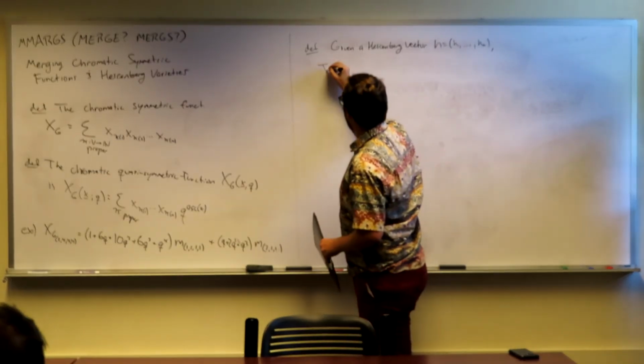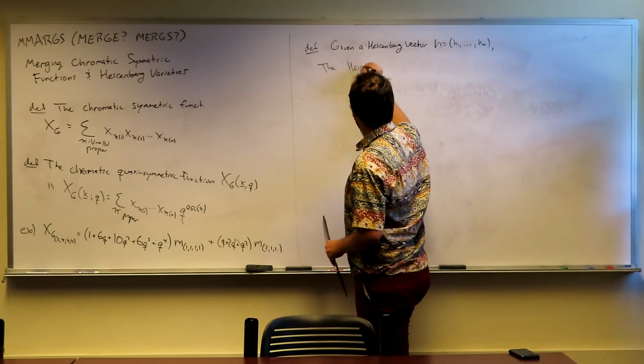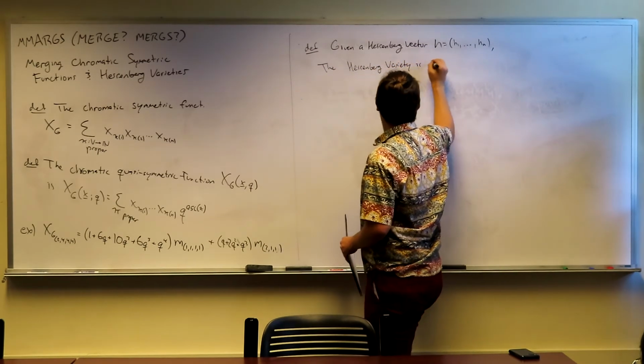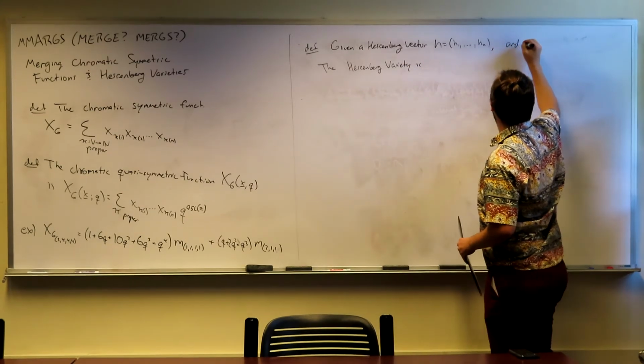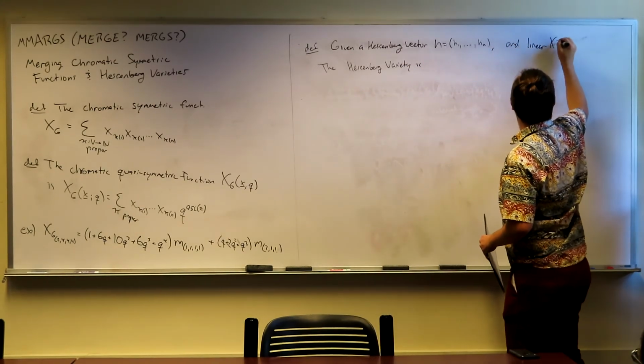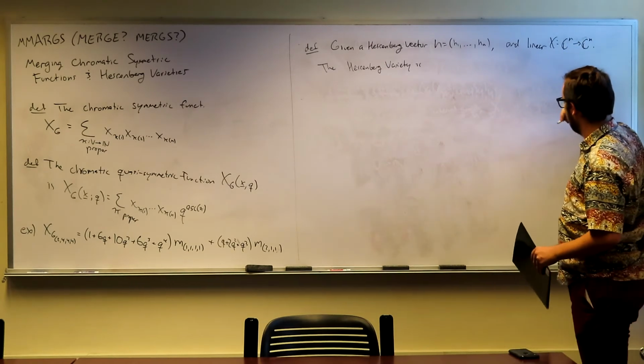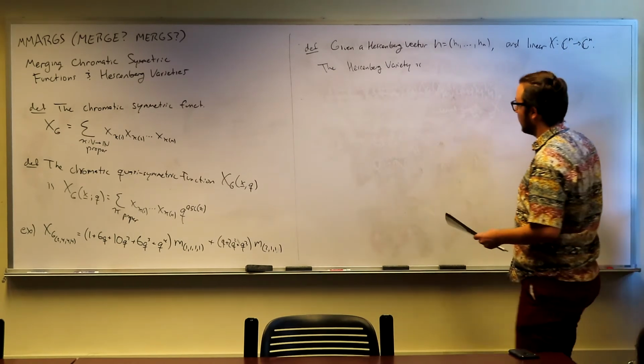we're going to say the Hessenberg variety, and, sorry, we also need a linear map X from C^n to itself. I do understand capital X is being used for two different things, but it's going to go away soon enough.